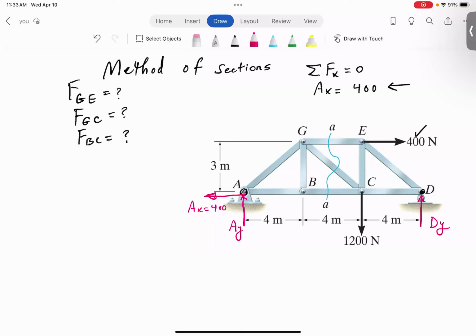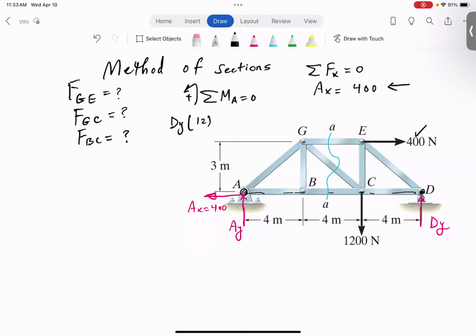In the Y direction, though, in order to find DY or AY, we need to take a moment about A or D. Let me take a moment about A. About A, so that's DY times 12, right? That distance.